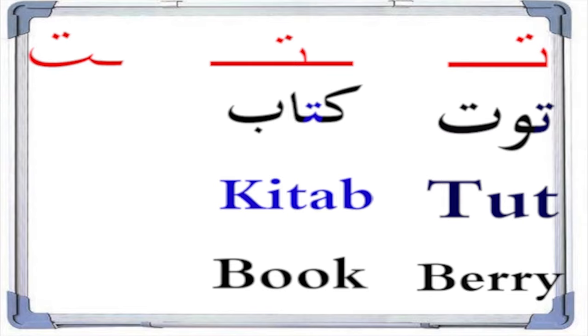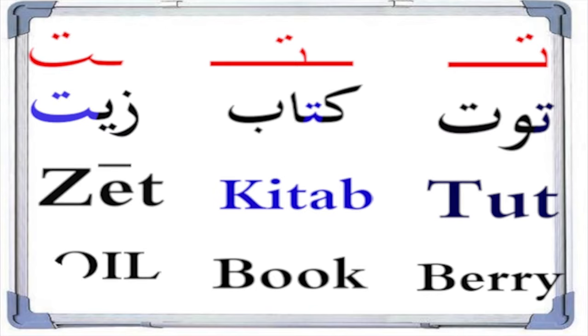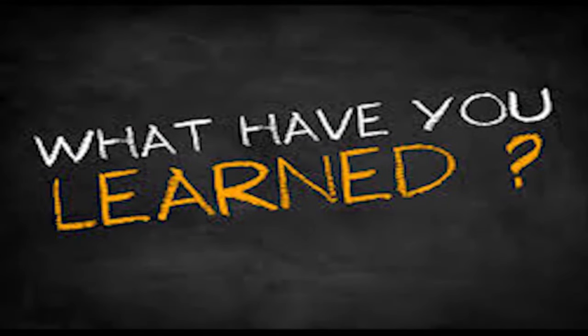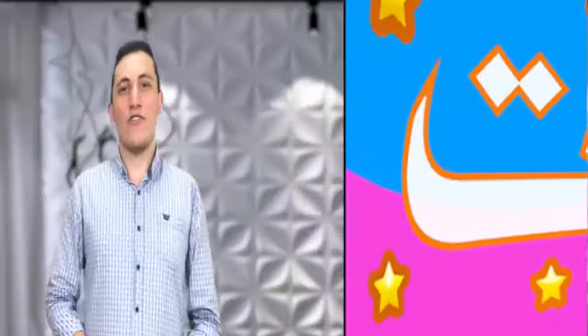The third one is zayt. Zayt means oil. Toot, kitab, zayt. So we learned 3 letters so far. Alif, B, T. Alright guys, how was this lesson for you?